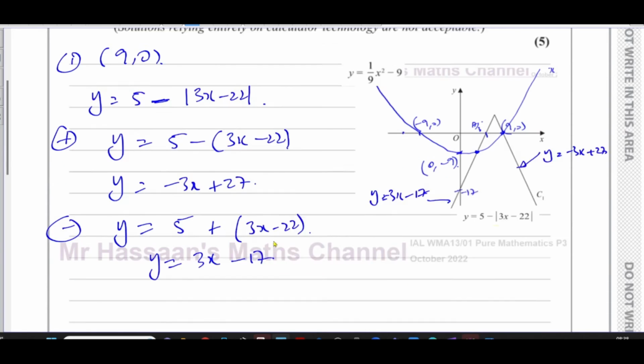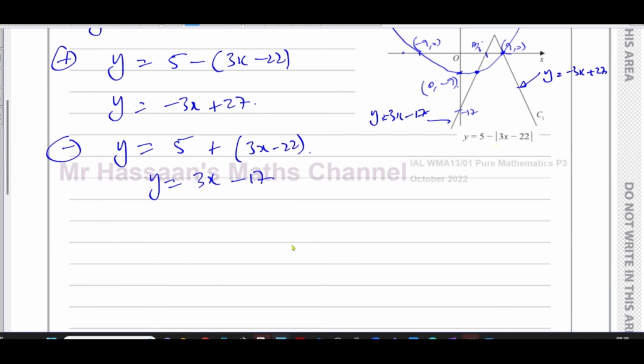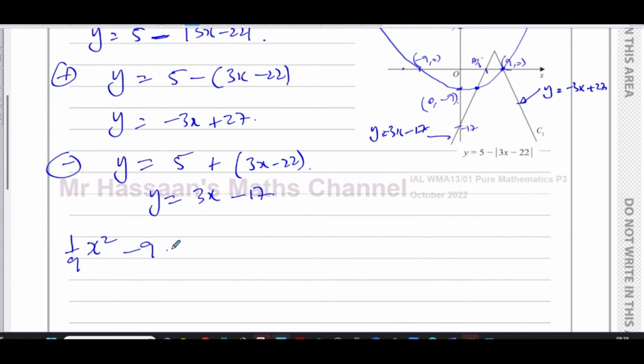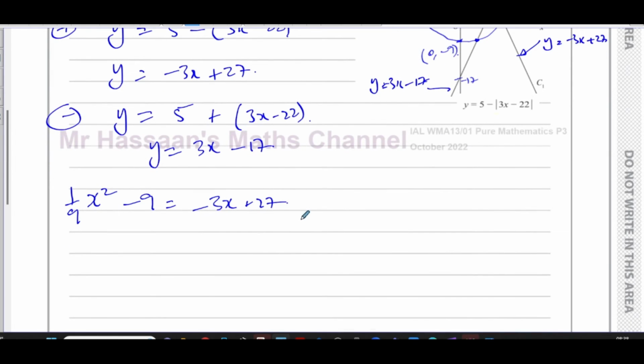Okay, now we want to see where they both intersect this curve. So we have 1 over 9 x squared minus 9. Let's see first where it hits this, which is minus 3x plus 27. This one shouldn't be too difficult. So we have 1 over 9 x squared plus 3x minus 36 equals 0.